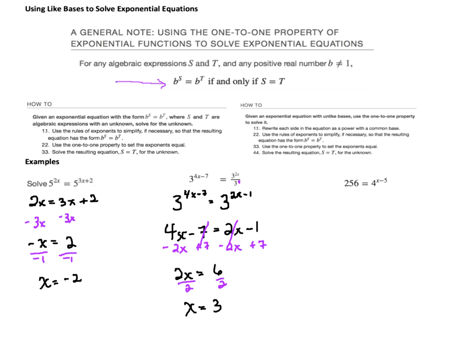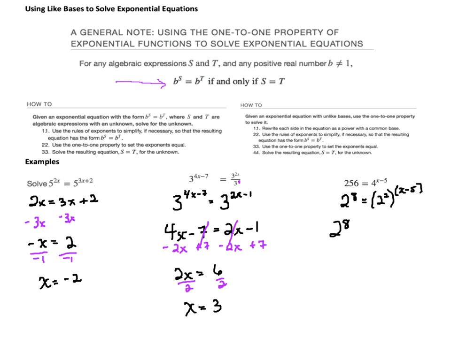Okay, and the last one on this page, 256 and 4 are both base 2, can be written as base 2 exponents. So 256 is 2 to the 8th. 4 is 2 squared, but that 4 is being raised to an x minus 5.